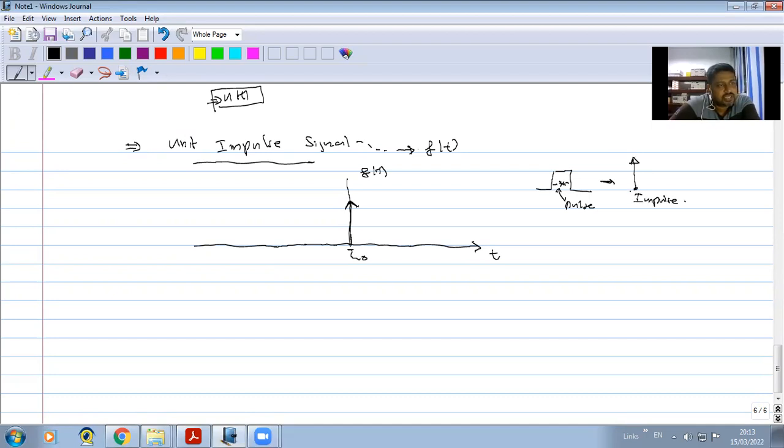So there is no time duration here. It is almost 0. Delta t is very near to 0. That is the impulse.